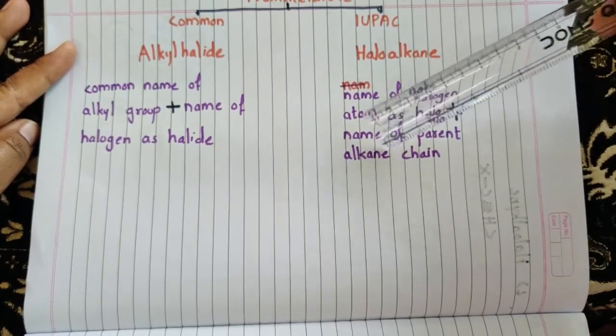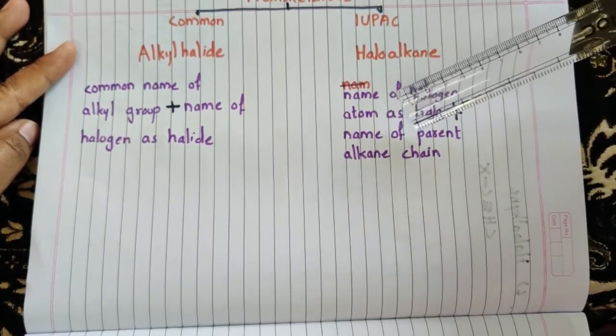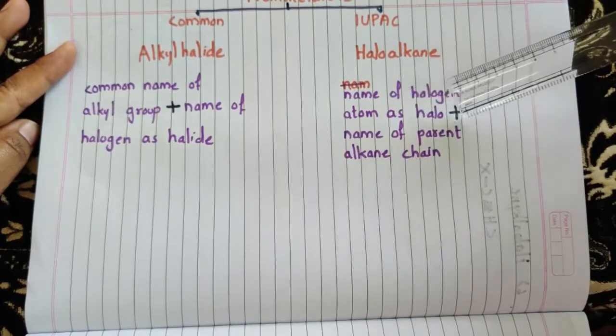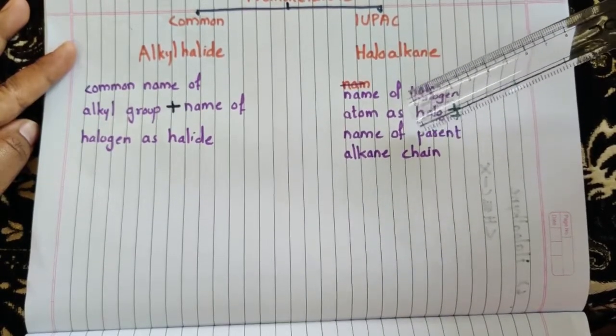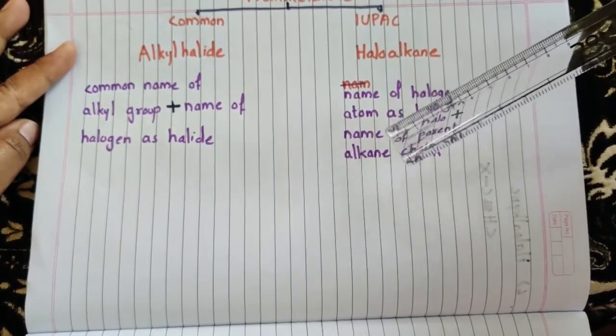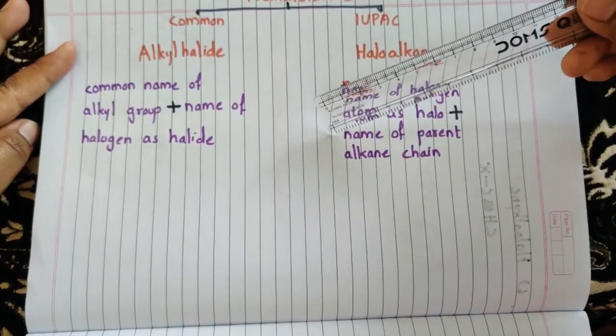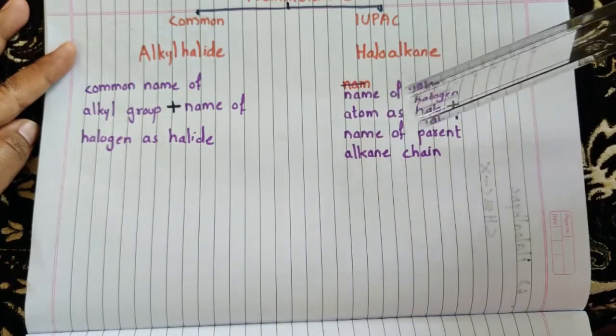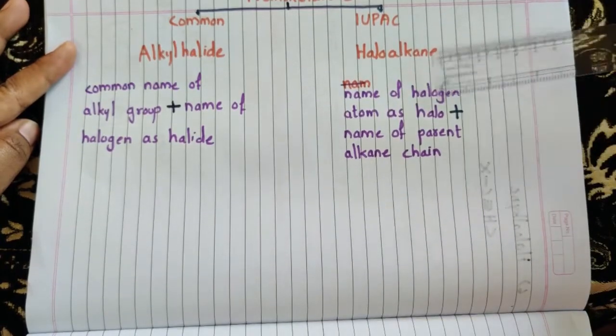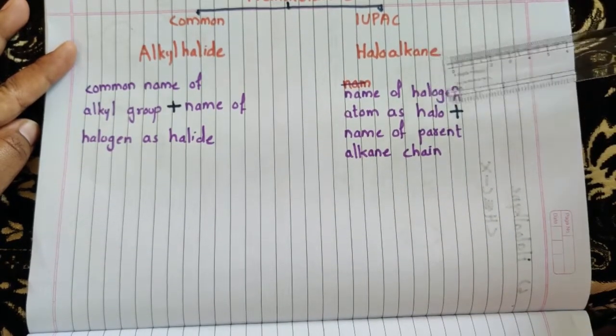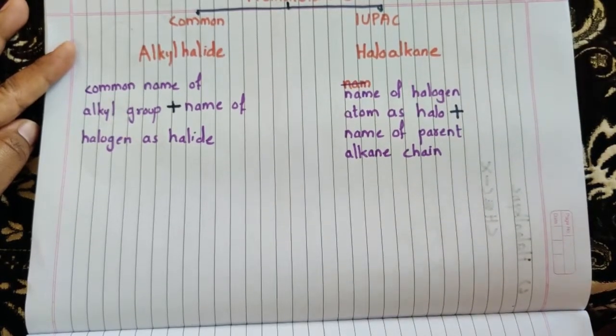Okay, and whatever suitable prefixes are needed will be added here. For example, if your parent chain contains other substituents also, alkyl substituents also, you will mention the name of that alkyl substituent and then the name of your parent alkane chain. So name of halogen is halo plus name of parent alkane chain.